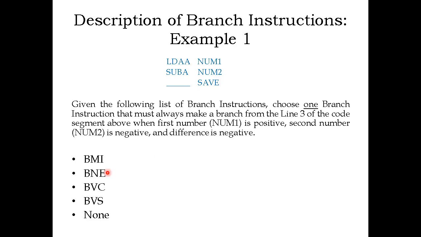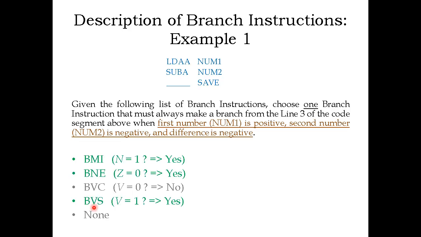If you look at all the branching conditions in column 3, you will be able to tell that one of the options is BVS, because BVS is the one which branches when the V flag is set. So actually all of these will be right.